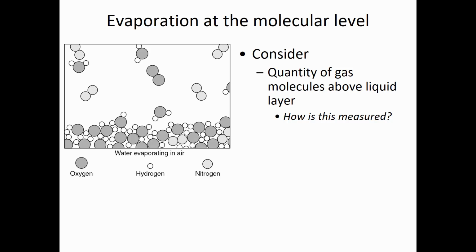Since oxygen is about 20% of the atmosphere, the partial pressure of oxygen is 0.2 atmospheres. Or you can multiply 0.2 by whatever pressure measurement you're using, whether it's 760 millimeters of mercury or whatever. And so the amount of gas above the liquid we measure in partial pressure.